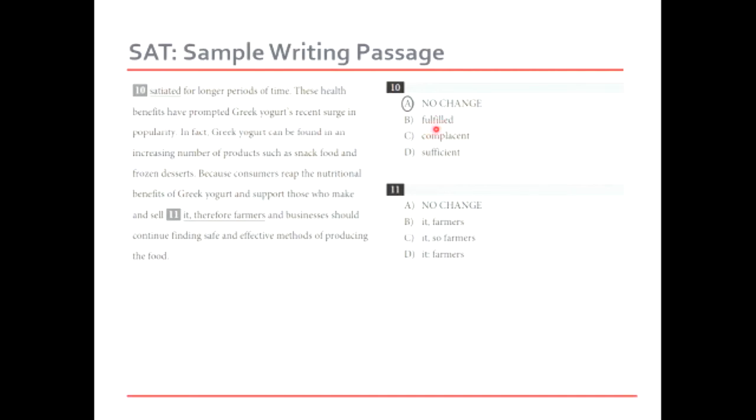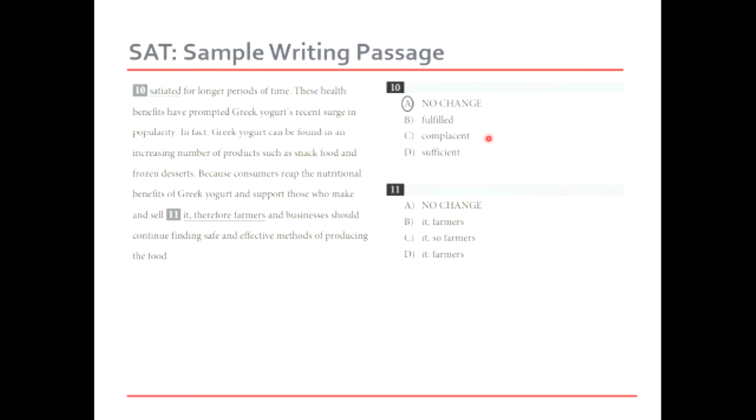If you look at the options, fulfilled means to be content with something. When you're talking about food, this word won't make sense. When you're talking about food serving, fulfilled has more to do with, I would say, material needs or something like that. So fulfilled won't make sense. Then C, complacent. Complacent means self-satisfied.